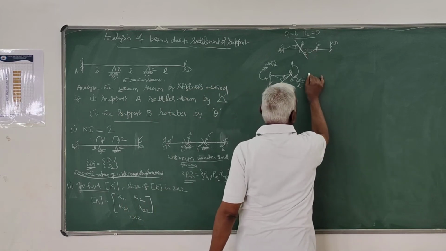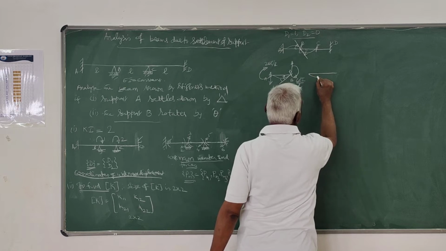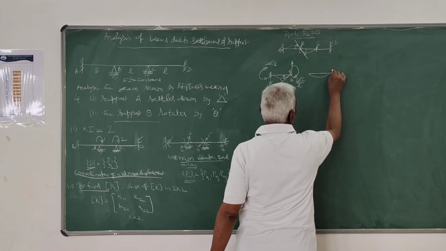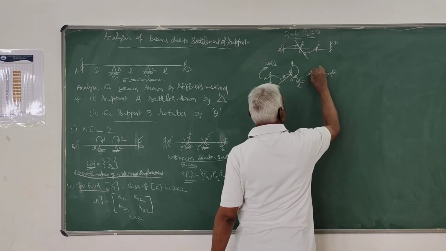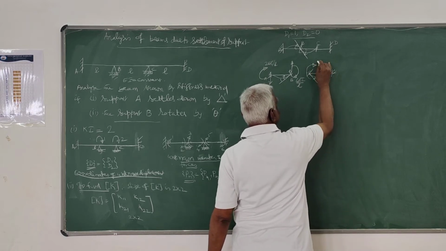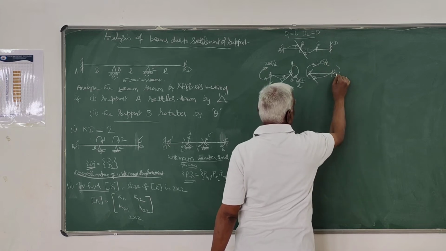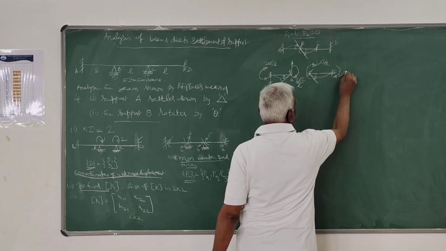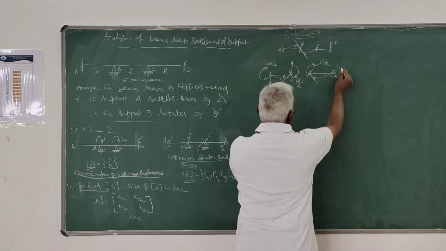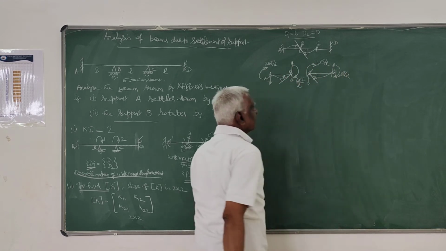Next, this BC member is displaced in this fashion. So here again there has to be a force equal to 4EI by L. Here it is 2EI by L. And here it has to be like this to keep it in equilibrium.